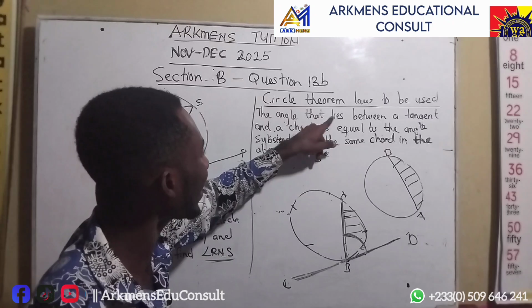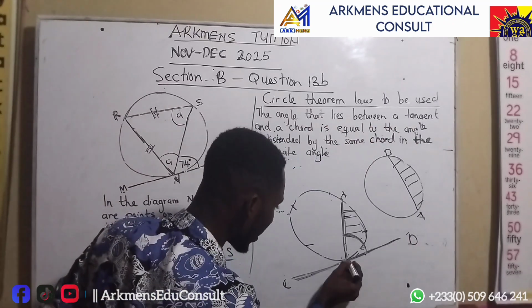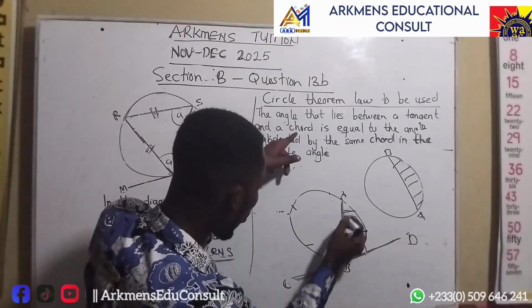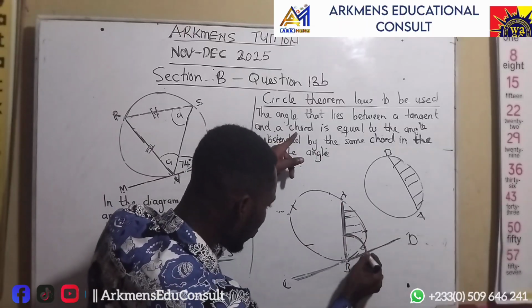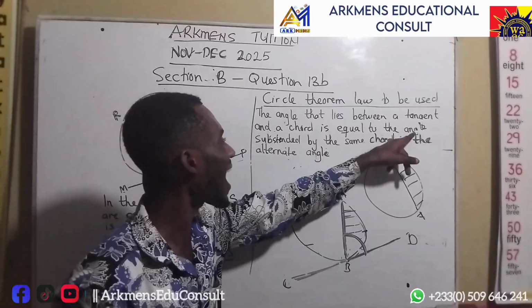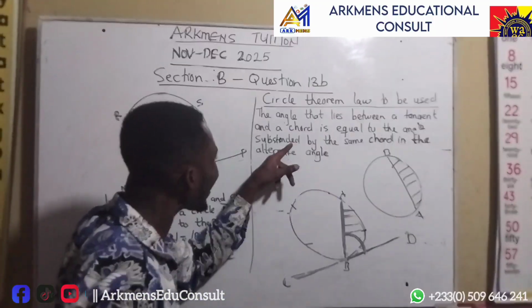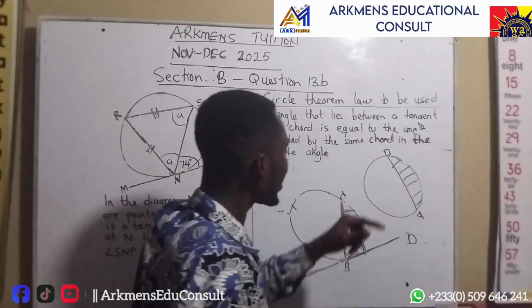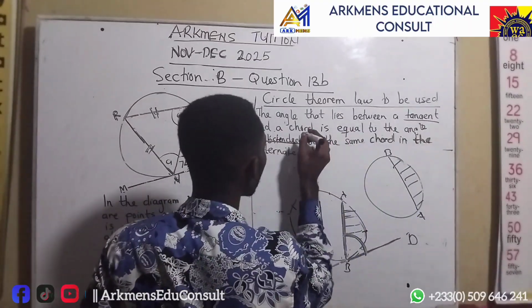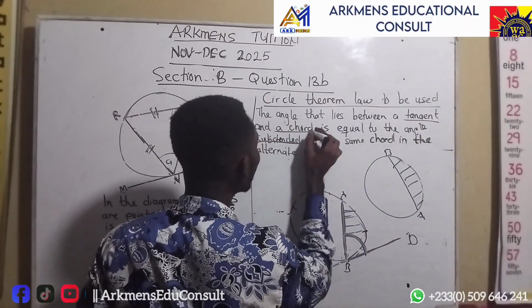So the angle that lies between a tangent here, where the line is meeting the circle, and a chord, this angle forming over here, is equal to the angle subtended by the same chord. This is where most of you get confused. This subtended, okay? Let me underline the main idea.